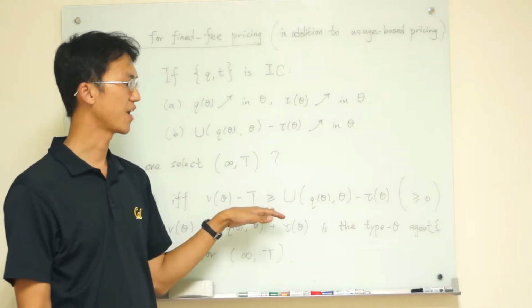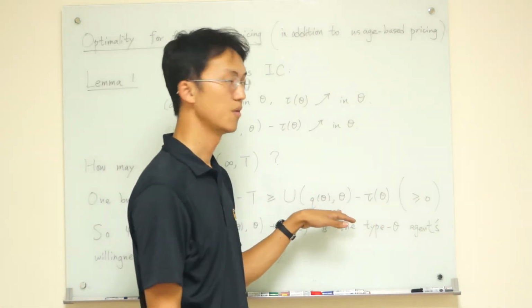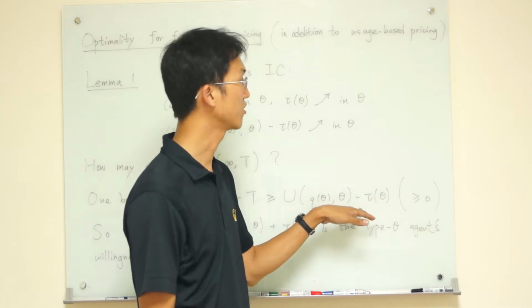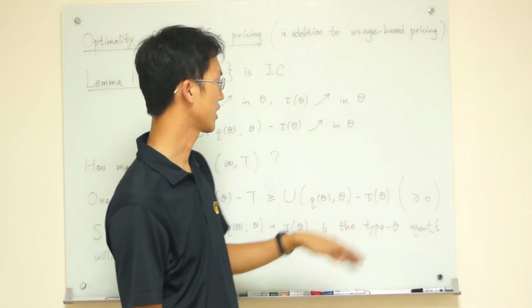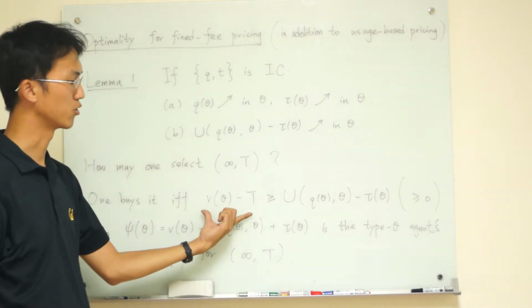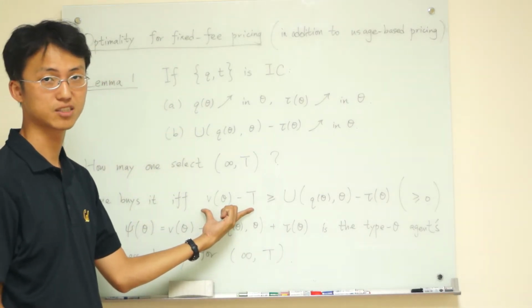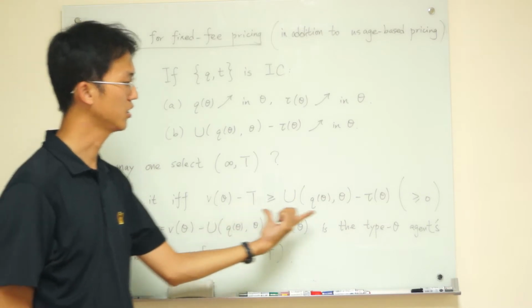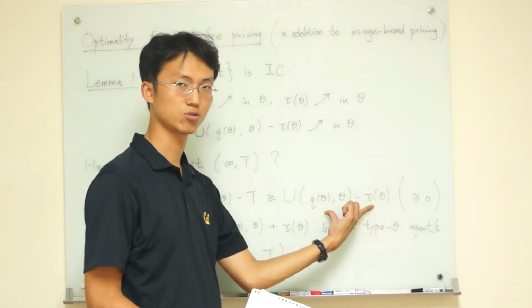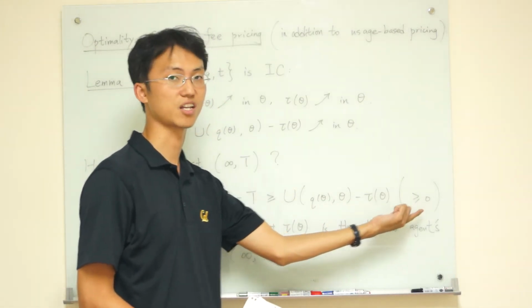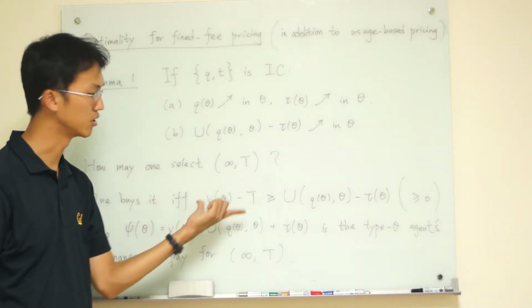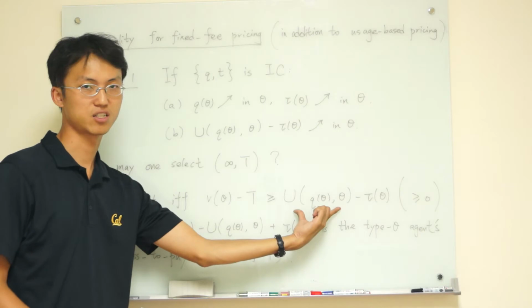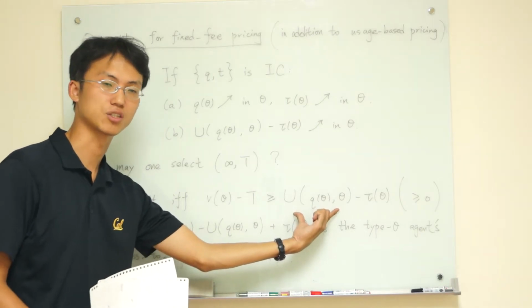This must be higher than my original payment under the original usage-based pricing plan. I don't need to worry about whether this is going to be positive or negative, because this part, according to the IR constraint, must be non-negative. So all I need to worry about is whether this new option is better than my current option.